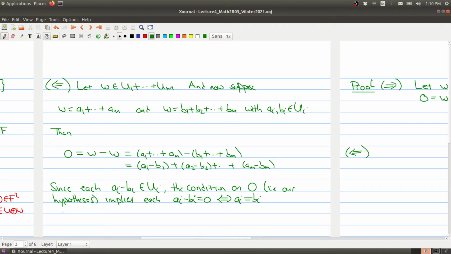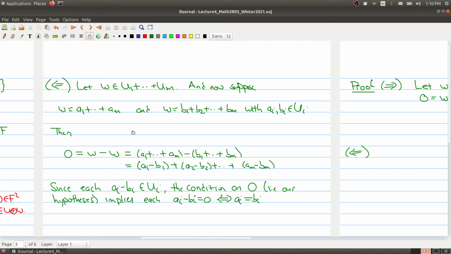Let me reinforce why this is true, because we've taken 0 and written it as a sum of elements, where this element is in U1, this element is in U2, and so on. But our hypothesis implies that when you write 0 in that way, each of those pieces had to have been 0.